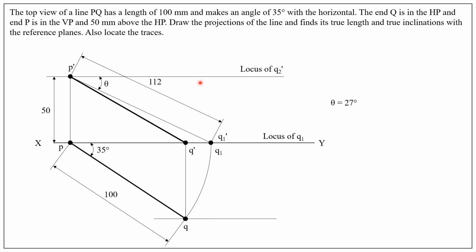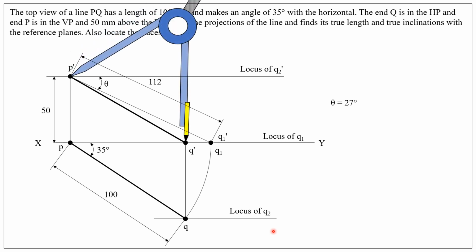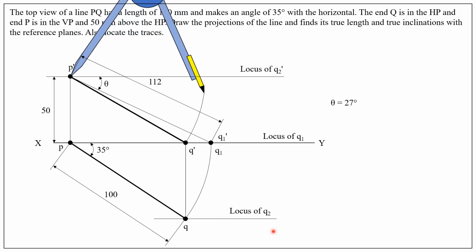Similarly, draw a horizontal through point Q in top view, that is the locus of Q2. Now take P dash Q dash as radius and P dash as center. Draw an arc to cut the locus of Q2 dash and obtain point Q2 dash.